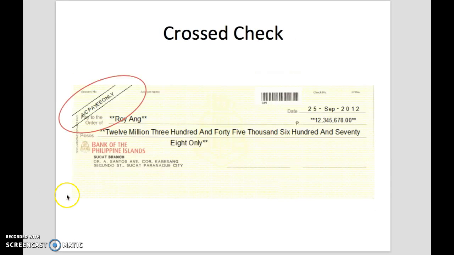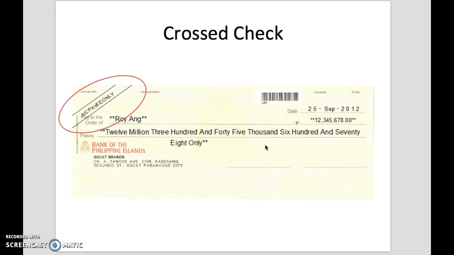So for the cross check, what's a cross check? Basically, it's a check with these two lines here. What does this indicate? This indicates that the bank can only pay Roy Ang 12,345,678 pesos.